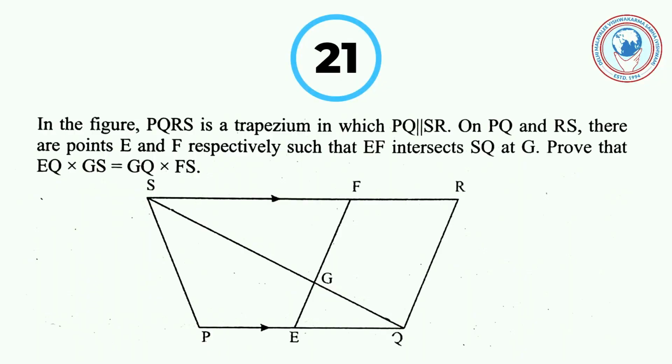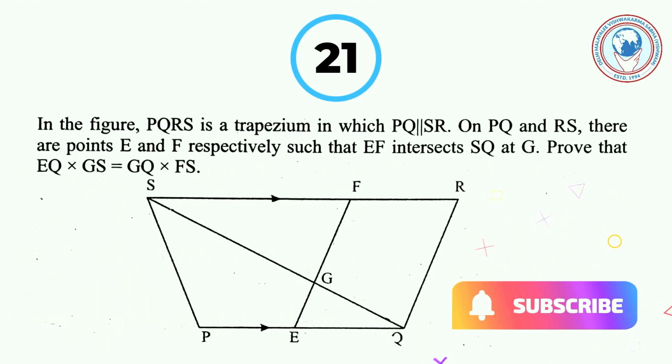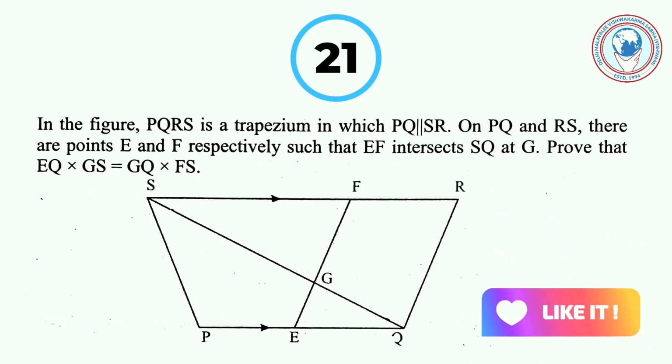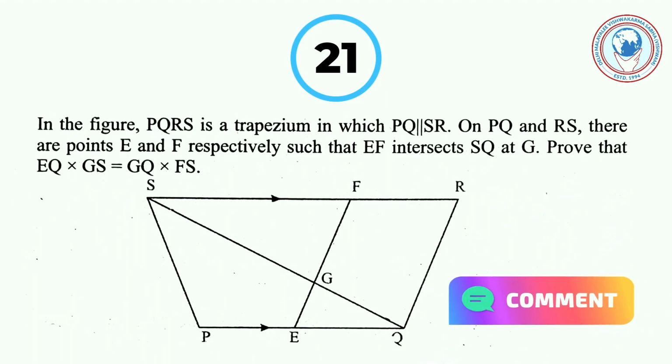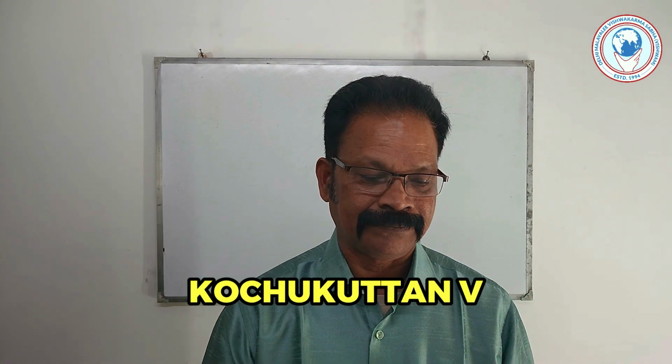Okay, question number 21. In the figure PQRS, it is a trapezium in which PQ is parallel to SR. On PQ and RS, there are points E and F respectively such that EF intersects SQ at G. Prove that EQ into GS equals GQ into FS.